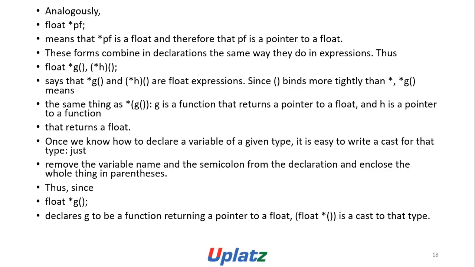Since () binds more tightly than *, *g() means the same thing as *(g()): g is a function that returns a pointer to a float, and h is a pointer to a function that returns a float.